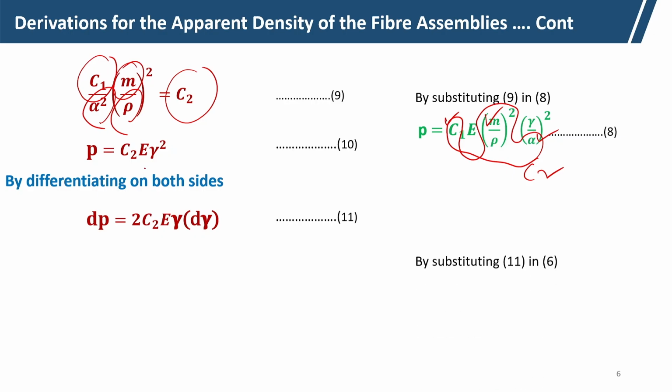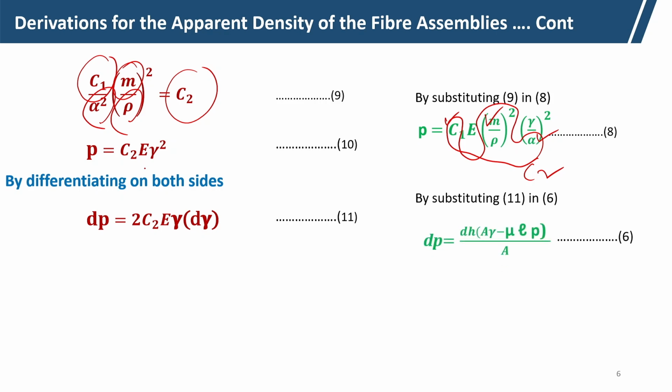That is equation 11. Now we are substituting equation 11 in equation 6. What was equation 6? This was equation 6, dP equal to dH A gamma minus mu L P by A. We have already derived this equation, and now we equate them.